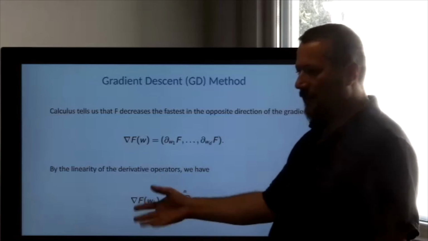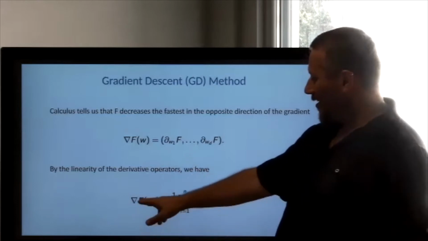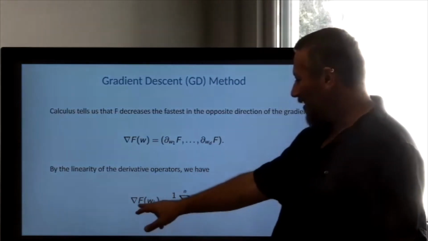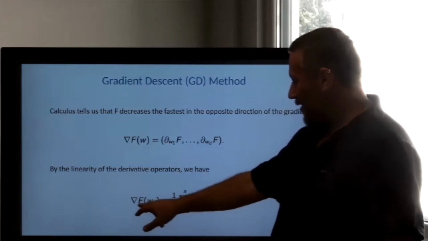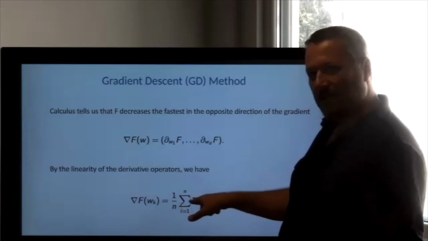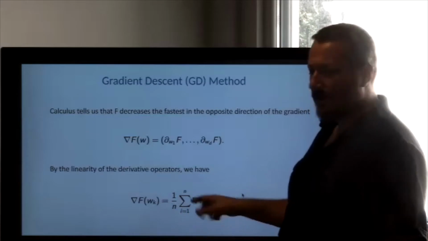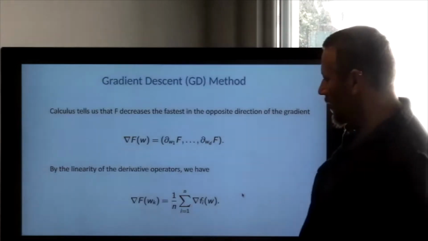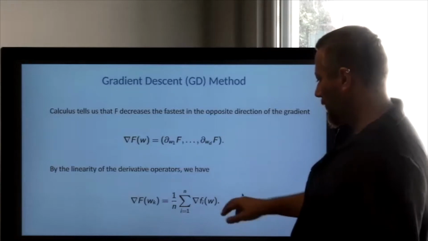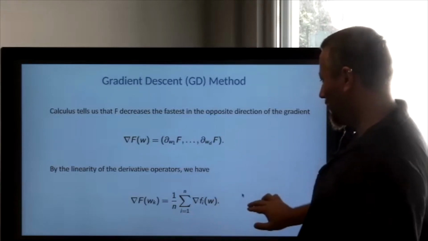Since the derivative operator is linear, the gradient of our function is the average of the gradients of all the functions it is made of. So we can easily calculate the gradient of our objective function, capital F, by means of the gradients of the small f i's.